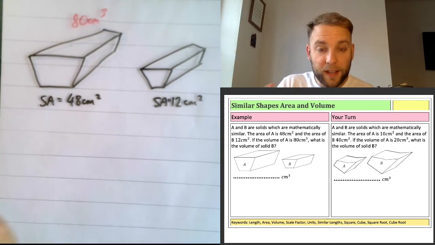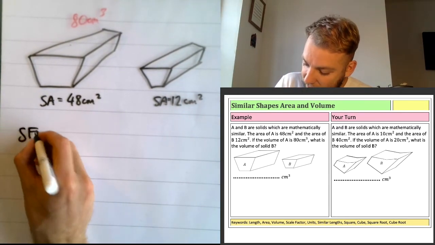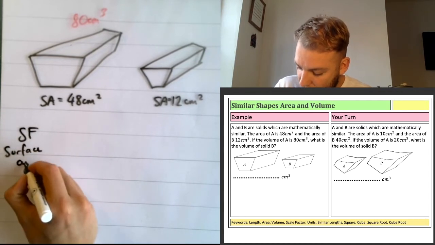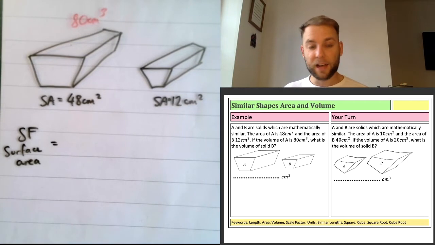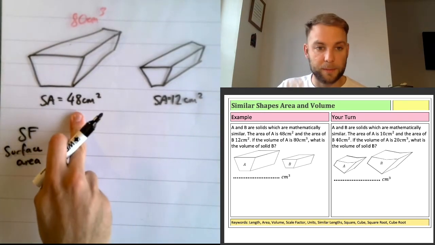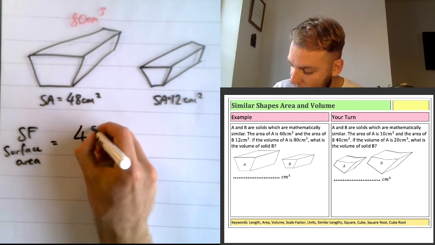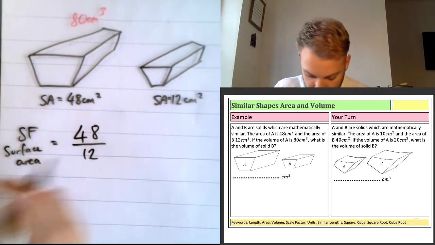So the only thing I can work out is the scale factor for the surface area. My scale factor for the surface area is going to be my largest similar area divided by my smallest similar area, which is 48 divided by 12.